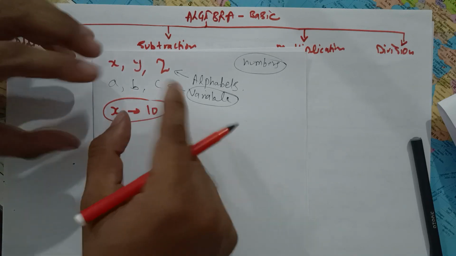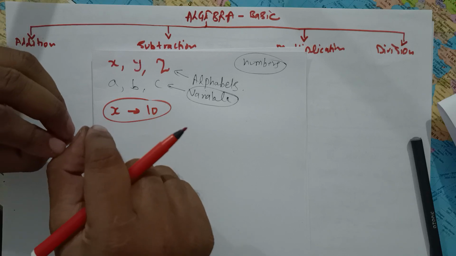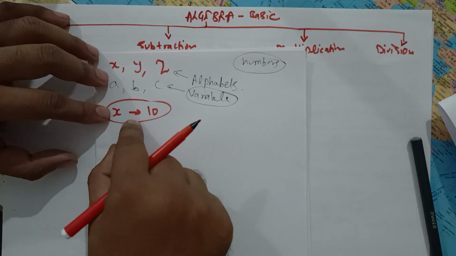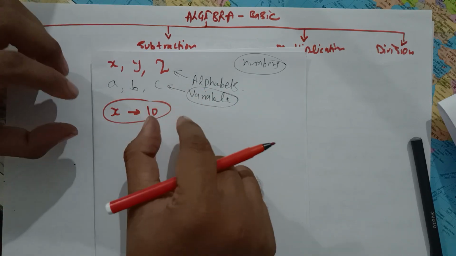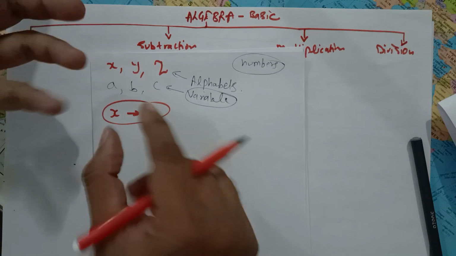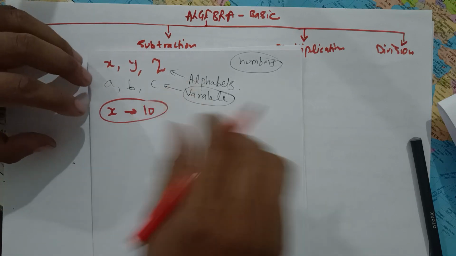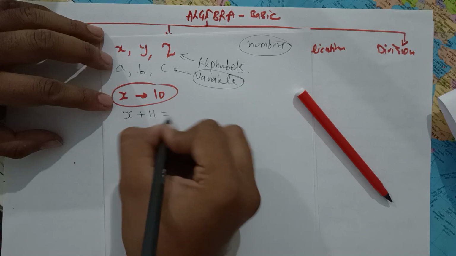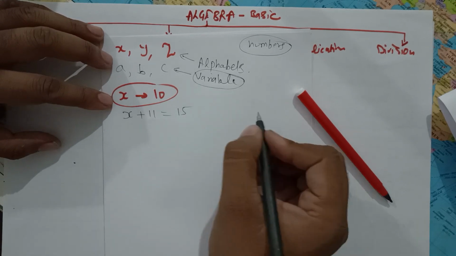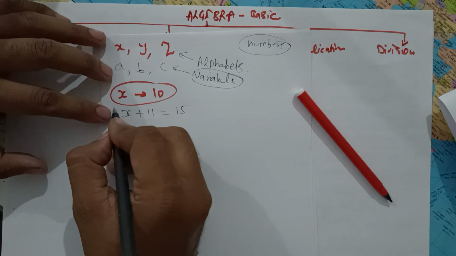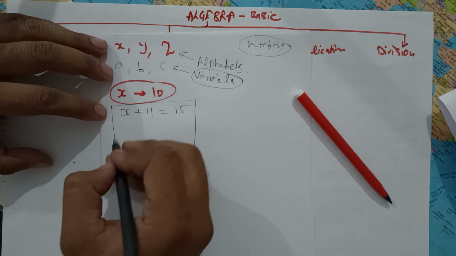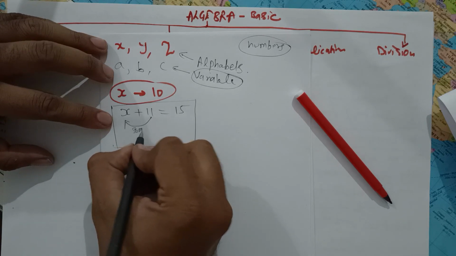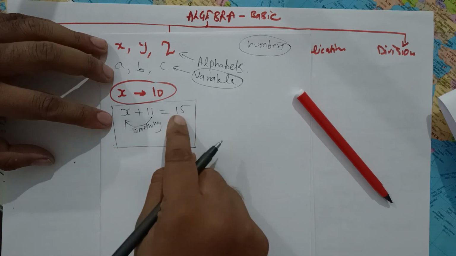Behind the x there is something we can't see. We can see only the alphabet, but behind the alphabet there is a number, 10 or whatever. For example, I am writing an equation: x + 11 = 15. Here we are adding something to 11 and getting 15.